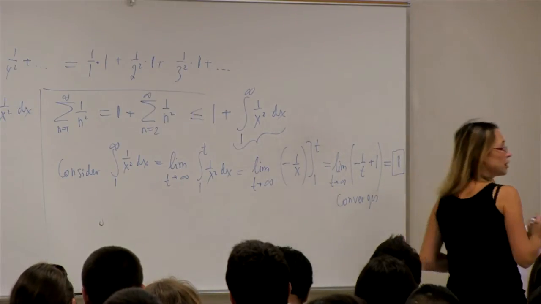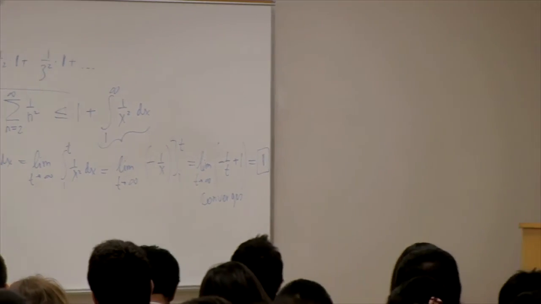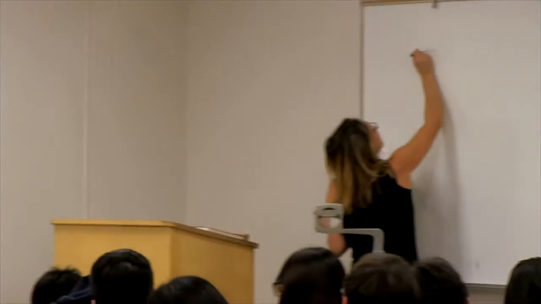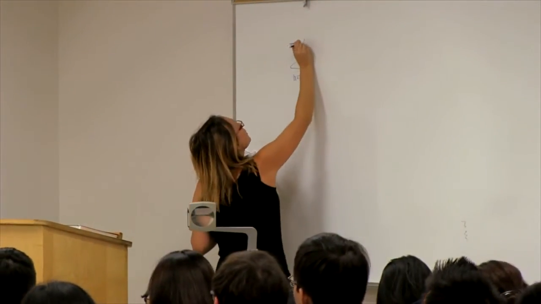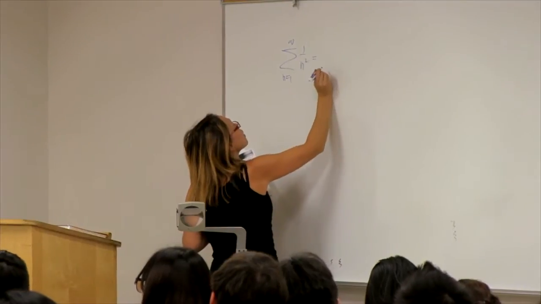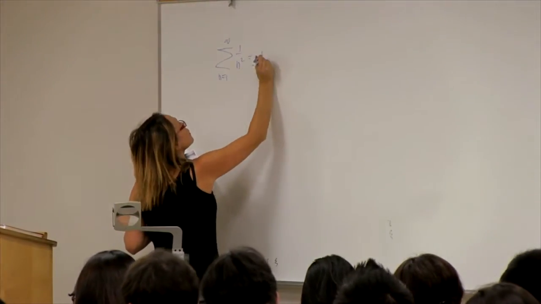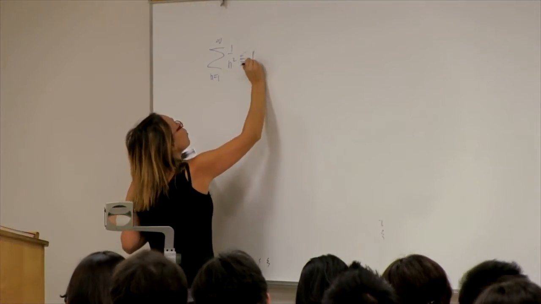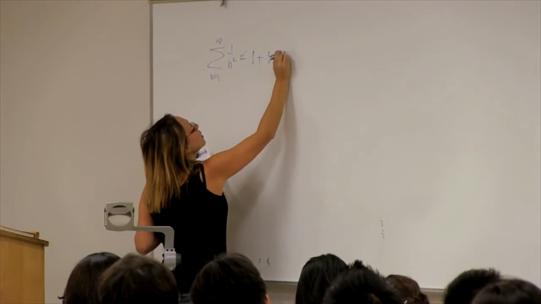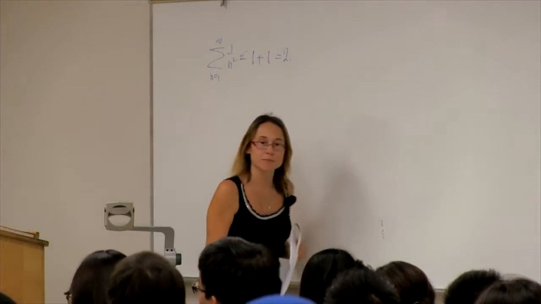So I can conclude from these calculations that my whole series, the sum of 1 over n squared, is less than or equal to 1 plus 1, which is 2. Okay?